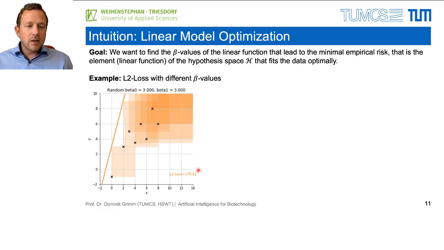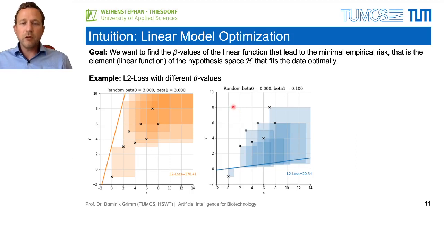And you see that, of course, the L2 loss is rather large with 170, because our errors are rather large. Now let's take some other random beta values. If we now say, okay, our beta 0, so our intercept, should be at 0, which is here, and it should have a slope of 0.1, so very flat.